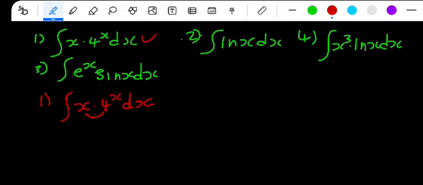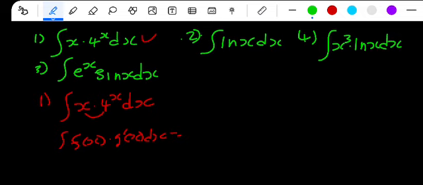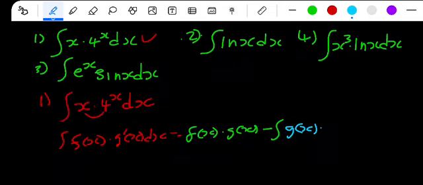We'll use the formula. The formula that we apply: the integral of f of x multiplied by g of x prime dx must be equal to f of x multiplied by g of x minus the integral of g of x multiplied by f of x prime dx.